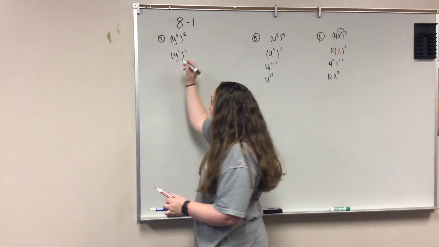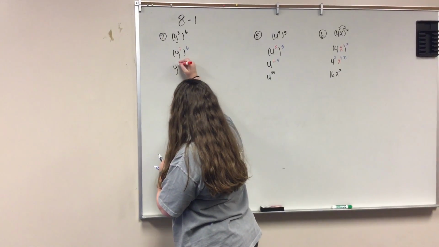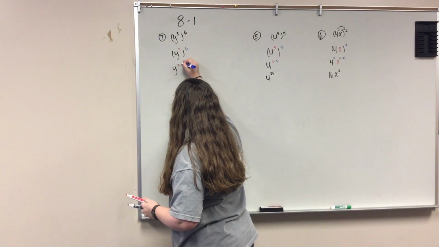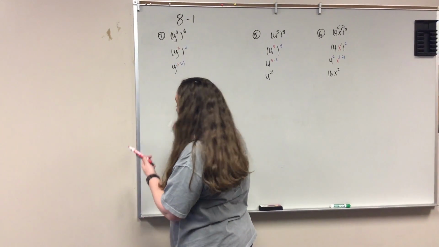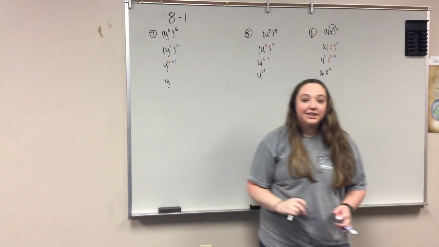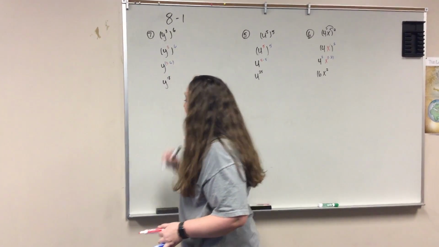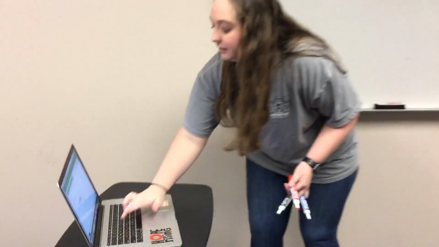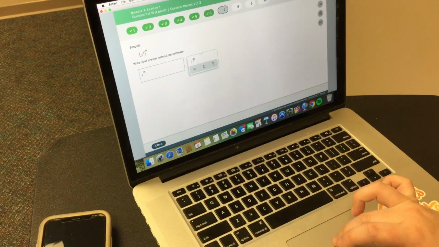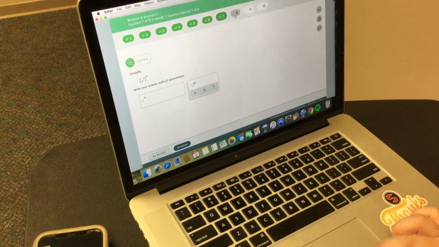So we have y raised to 3 times 6. Sorry, I had too many colors going on. I'm kind of getting lost. So we have y, and then 3 times 6 is 18. So this is going to be raised to the 18th power. Okay, moving on to number 8.